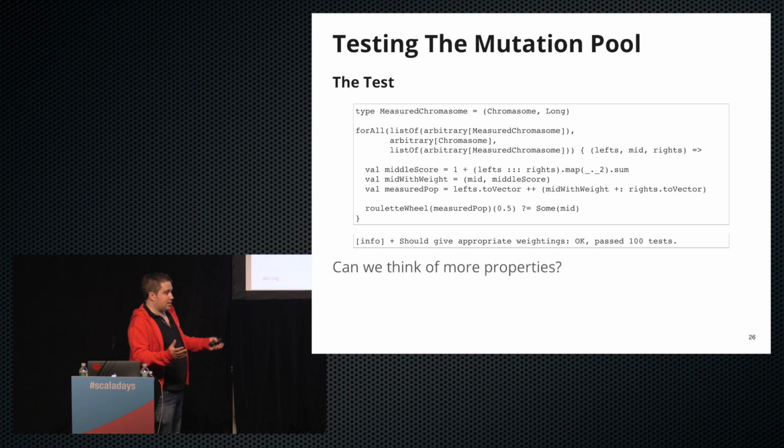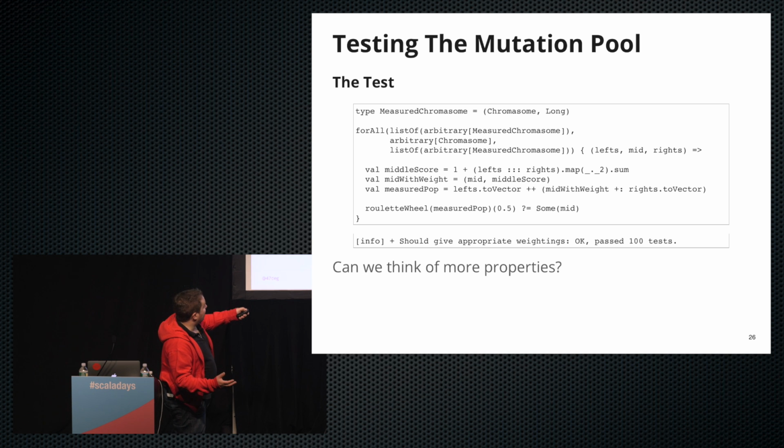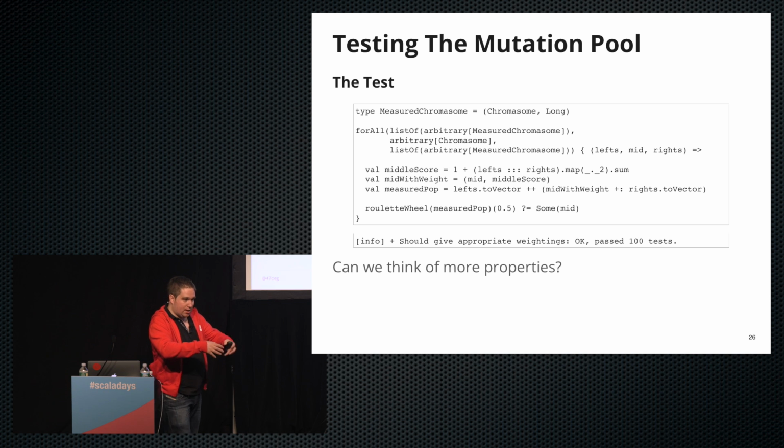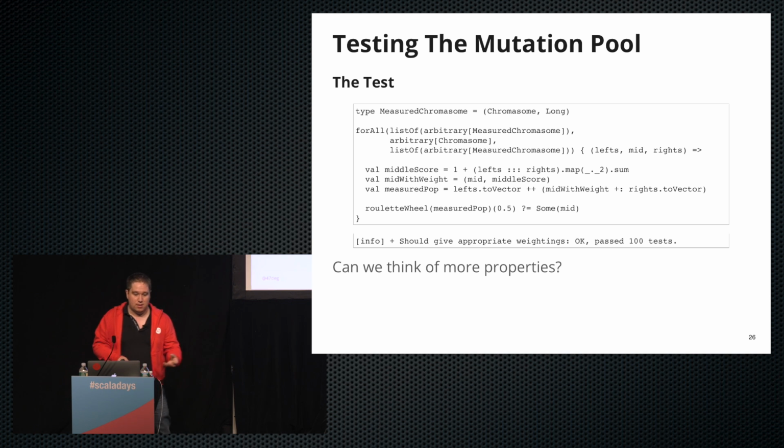For what I've called the lefts and the rights here, we take their fitness values, add them together, and add 1, and that will become the score for our middle chromosome. Then when we put all this together in our wheel, that value is going to be greater than the sum of everything else combined. And so we can start to see that hopefully this will always return, when we look at the midpoint, the midpoint chromosome that we looked for.